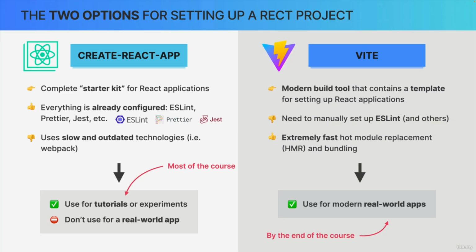Also, bundling is extremely fast too, which for large-scale applications can really make a difference. Because when you have to wait 1 or 2 seconds for each page refresh, it can become really annoying over time. But with Vite, the page will update almost instantly each time that we save our code and want to see the changes on the screen.